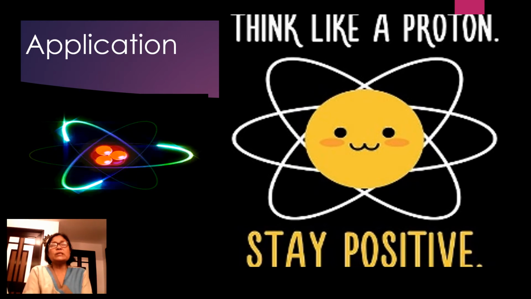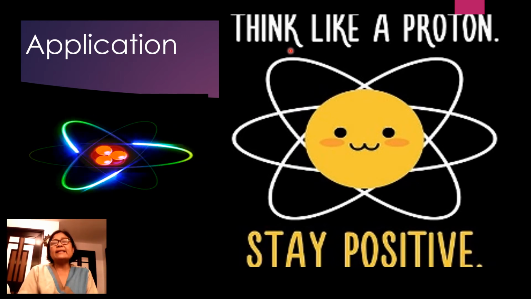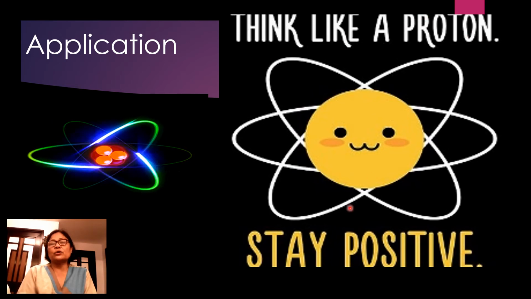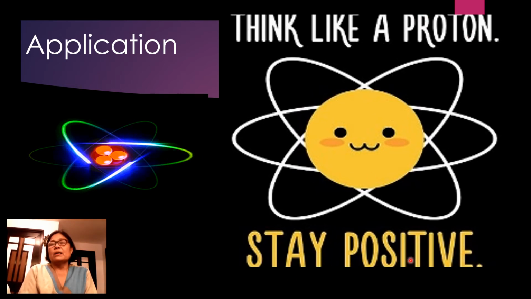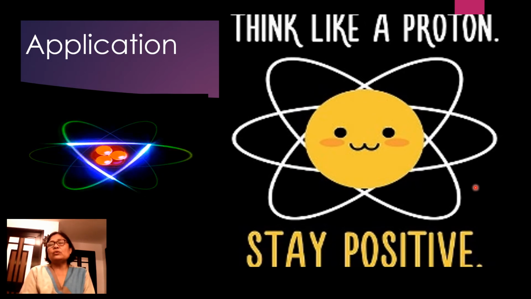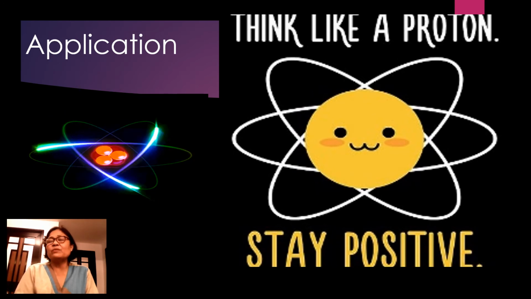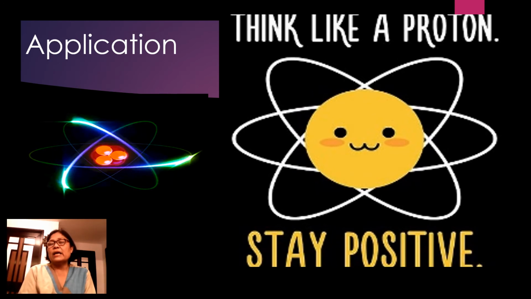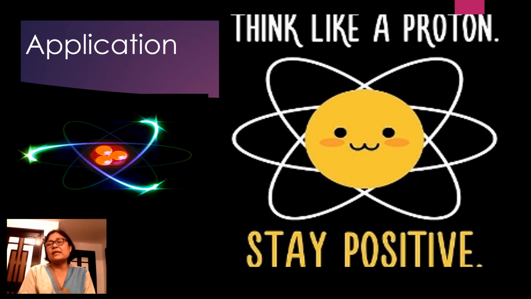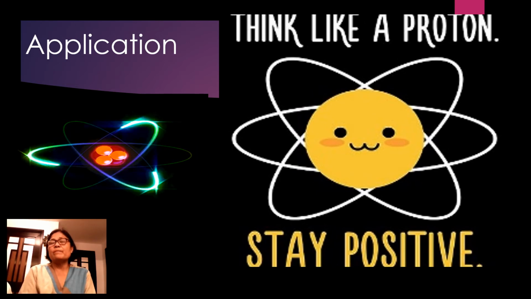Now let's proceed to an application. So let us think like a proton. So stay positive. Now to sum up our lesson, you should think like a proton and stay positive at all times, especially at this time of pandemic.